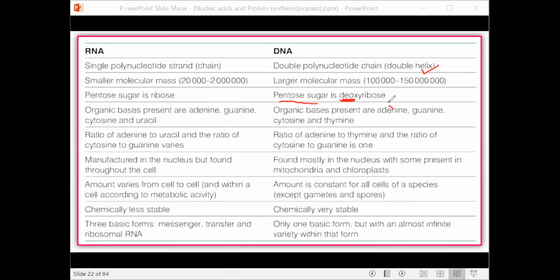The nitrogen bases are adenine, guanine, thymine, cytosine. This thymine is the one key factor over here. Now, this is very important. The ratio of adenine to thymine and the ratio of cytosine to guanine will always be 1. Another thing is A plus G is always equal to T plus C.